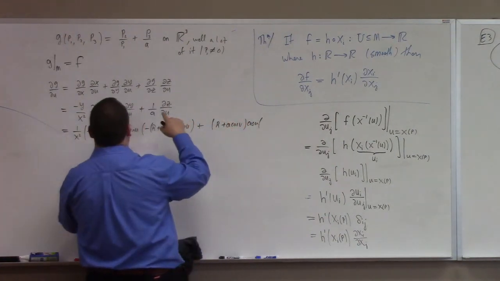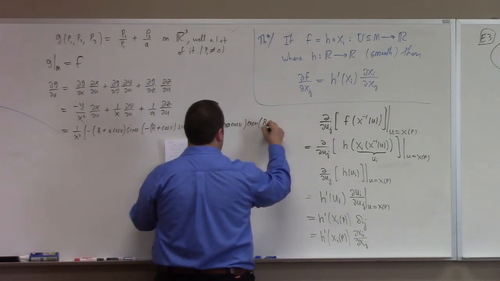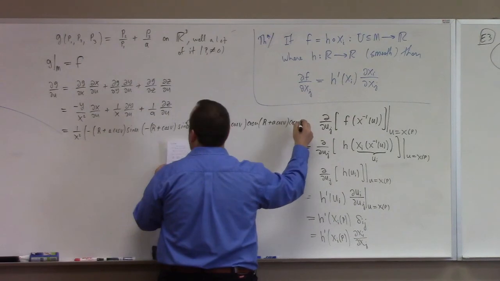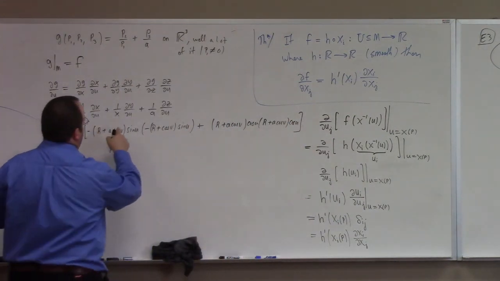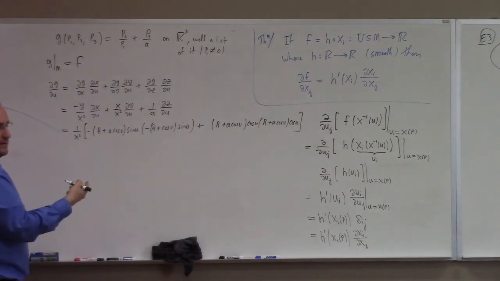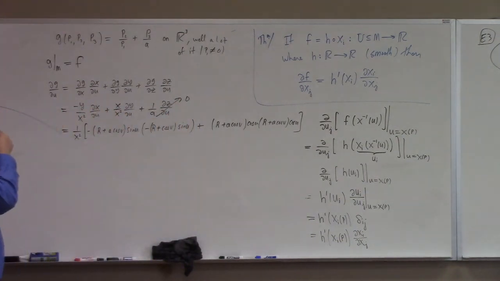And then the partial y partial u gives me this, (r plus a cosine v) cosine u. So you see what I'm doing? I changed this to an x squared over x squared. Okay, and this is just 0. As you can see, z only has a v dependence, right?